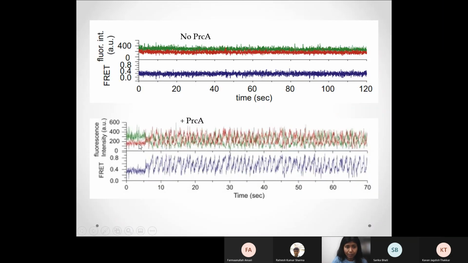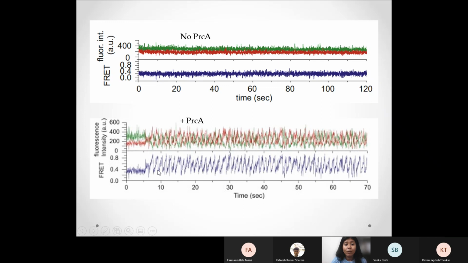You see the same thing, red signal बढ़ रहा है, green signal कम हो रहा है. And if you quantitate it in terms of the amount of red, you make a ratio between the fluorescence emission of one fluorophore versus the other fluorophore, you can see that it keeps increasing, but then it falls.